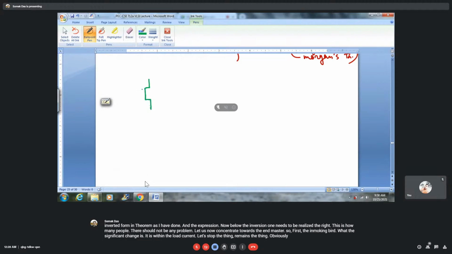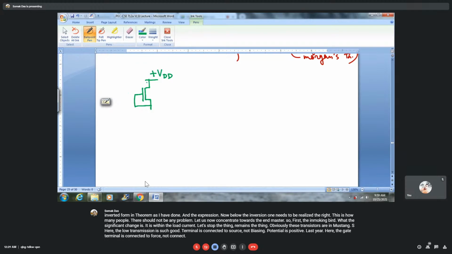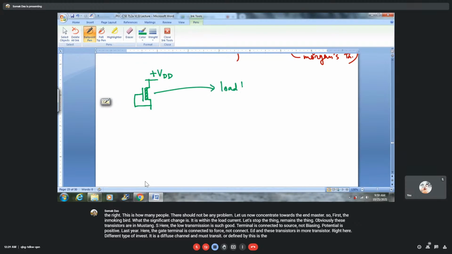Obviously, these transistors are NMOS transistors, but here the load transistor is such an NMOS transistor whose gate terminal is connected to source, not connected to drain, mind it, and the biasing potential is positive, plus VDD. And this NMOS transistor is slightly a different type of NMOS transistor. It is a diffused channel NMOS transistor, signified by this.